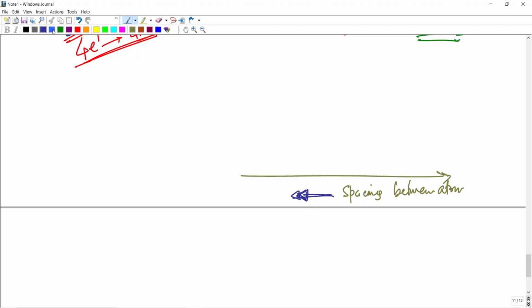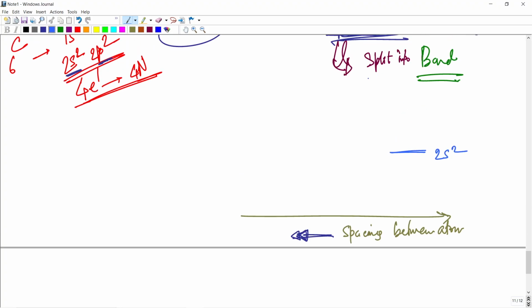Now suppose there is a 2s2 last shell here, and another one here that is 2p2. When the spacing between them is very small, they split, and the split looks like this. Similarly, the other one also splits.